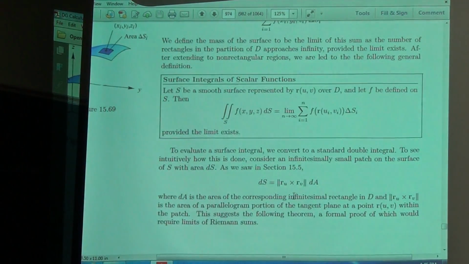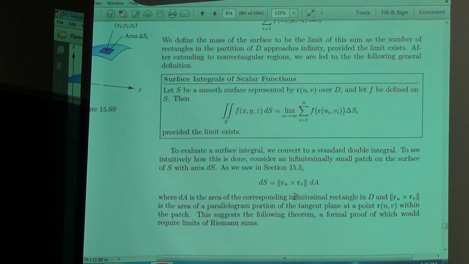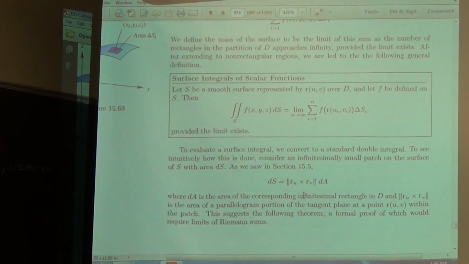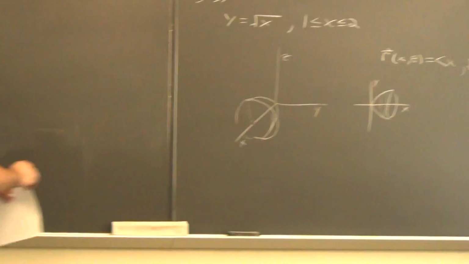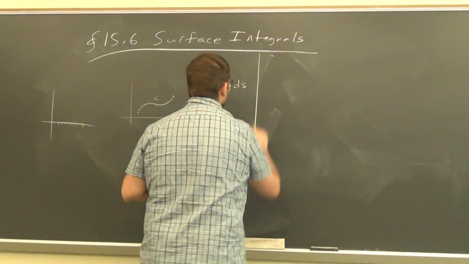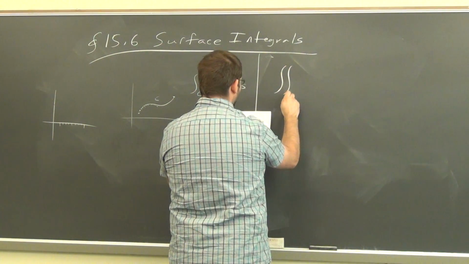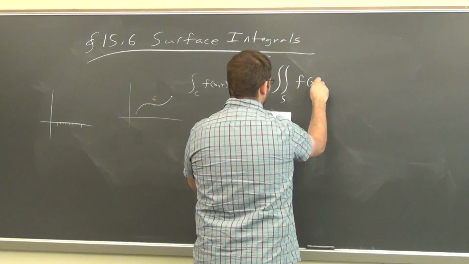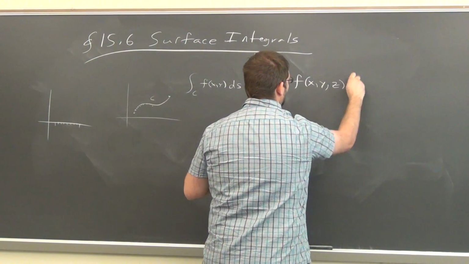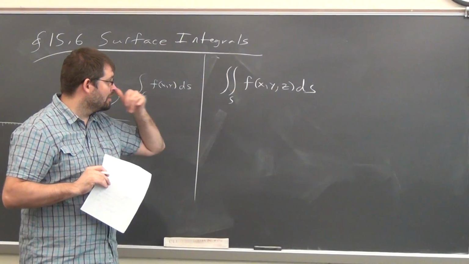So let's just try. I'll write down the formula and then we'll try some examples. Just like with double integrals and all kinds of other things, you have a definition on one hand, and then you have how we evaluate these in practice on the other hand. Okay, so the integral over a surface S is this.